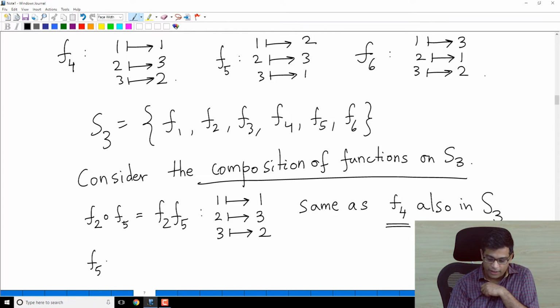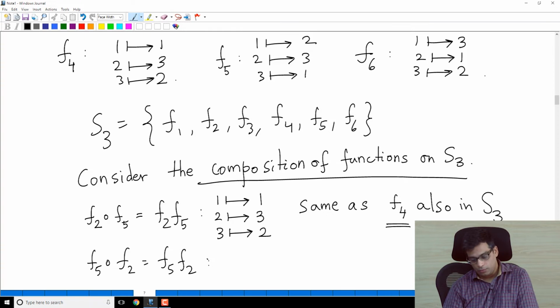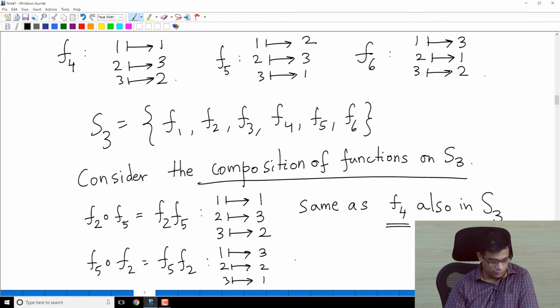Now, let us do F5 composed with F2. Remember, I first apply F2 and then apply F5, and if you do this as before, you can quickly check that this sends 1 to 3, 2 to 2 and 3 to 1, and this is the same as F3.